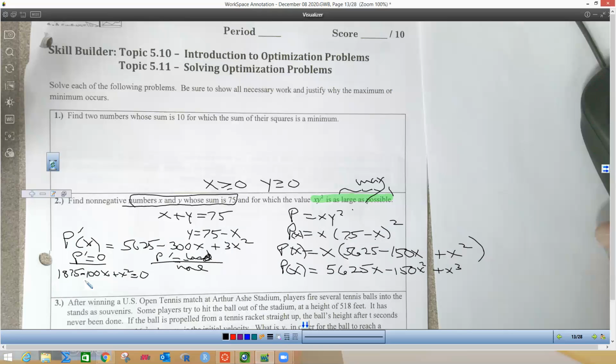All right, so I need to try to find factors. Now I could do quadratic formula here. I'm pretty sure these are going to be integers. I don't know. So I'm going to play around with some factors of 1875 to see what this is going to be. So this is going to be a negative x and a negative x. I could have flipped them around too, but it doesn't matter. So I got to find factors of 1875.